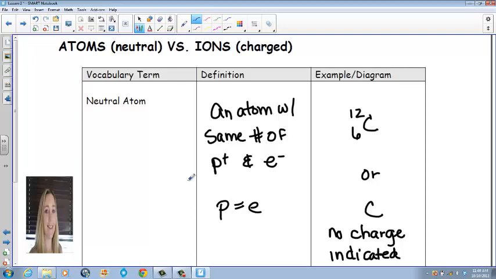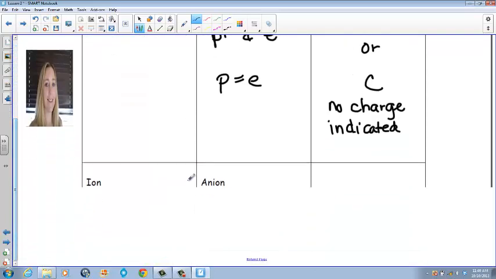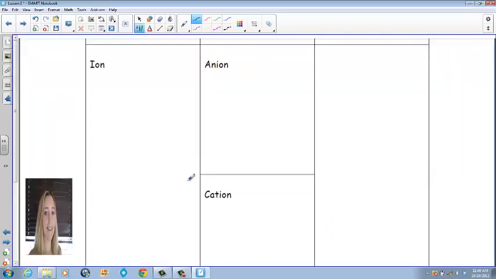Okay, we don't write plus anything next to the symbols. An ion, and we're going to talk about ions because there's two different types. An ion, and I always remember it this way with this line here. An ion means negative charge, or you could say N for negative, okay? Anion.